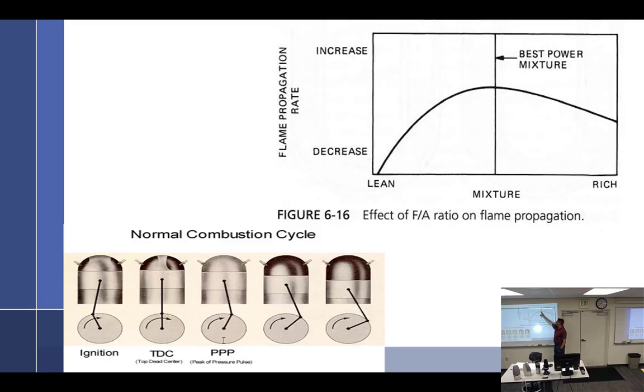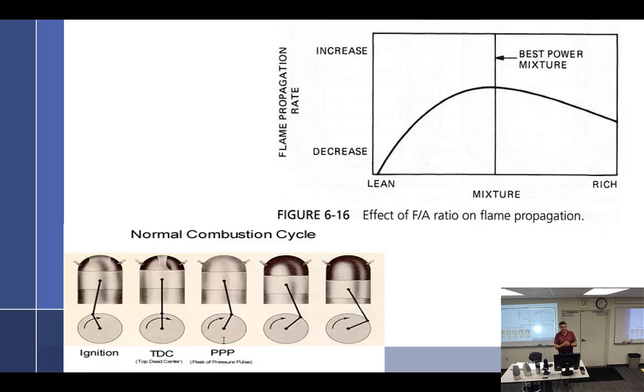So here we are at best power. We can go either side of best power, and the speed of the flame is going to be roughly the same based on this chart. Almost looks like it increases just a little bit right there, but I think it's supposed to be flat. And so if we lean it out, it goes slower and slower and dies off right here. But if we go rich, it goes here to here to here, and then if you go past there, what happens? Engine stops. Yeah. So this is as slow as you can get before the engine stops. Over here, this is as slow as you can get before the engine stops.